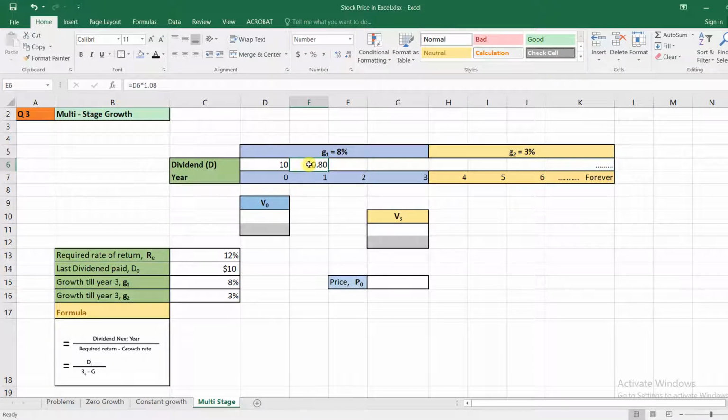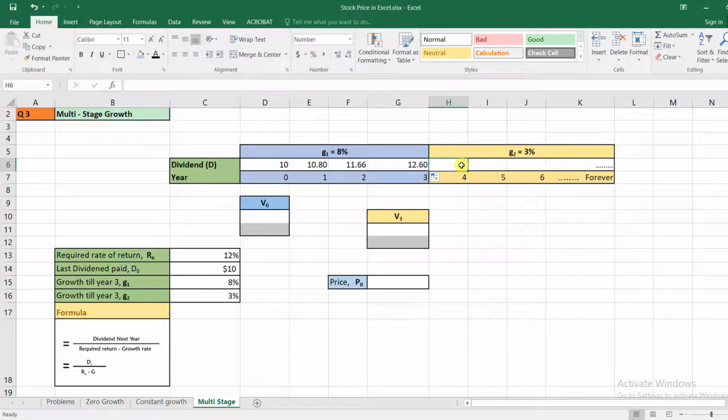So what we can do, we can just select this cell and select this plus sign and drag it towards the right. So this will be the next year's dividends, but after third year, this dividend will grow by 3%.